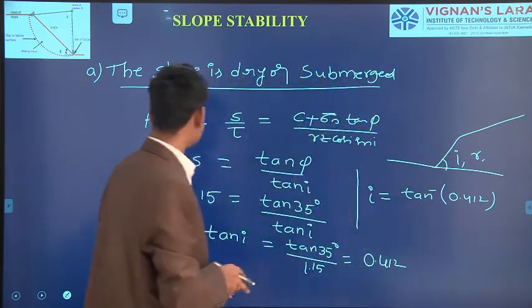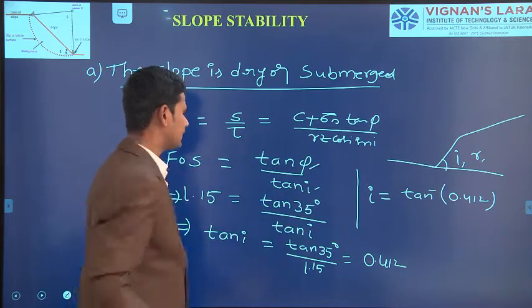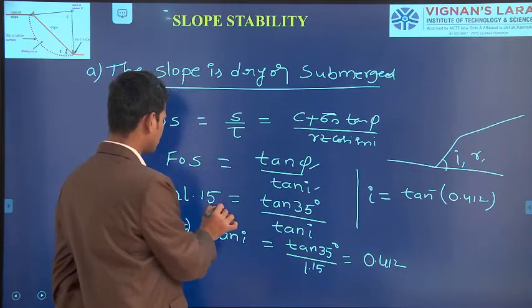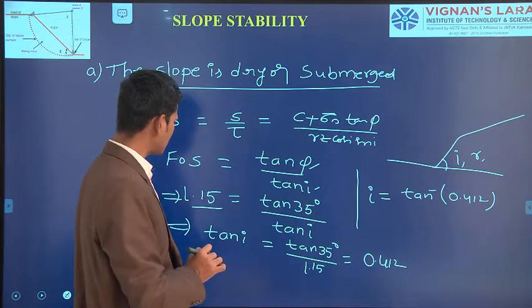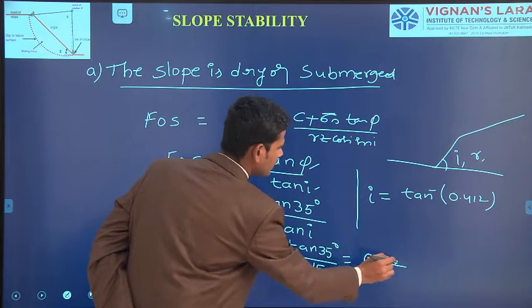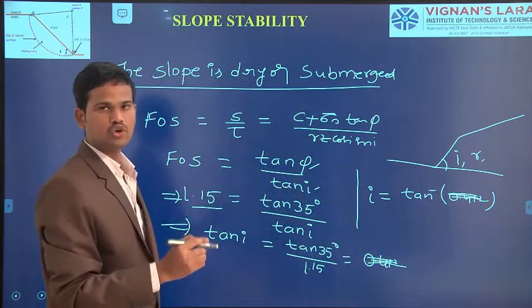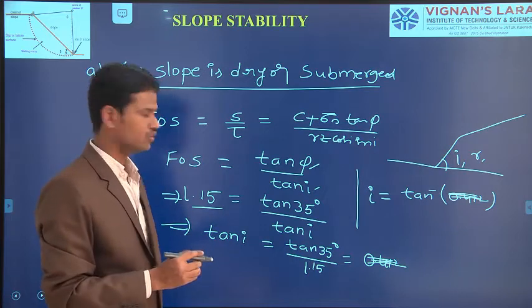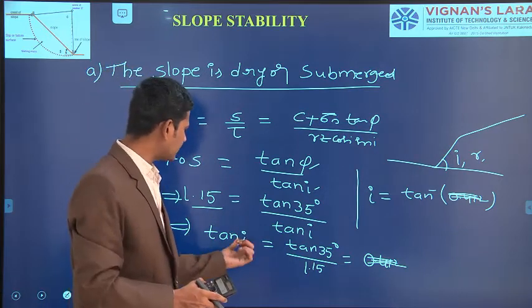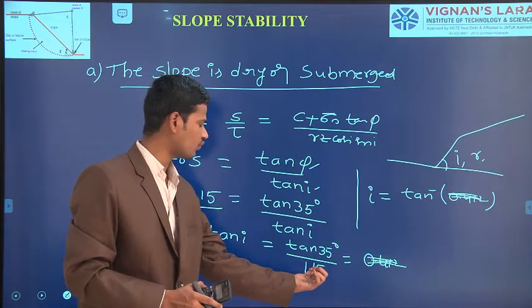Factor of safety equals tan phi divided by tan i, where the factor of safety given in the problem is 1.15. In the last class, I substituted these values in radians. That's why we got 0.412. We have tan i equal to tan 35 degrees divided by 1.15.